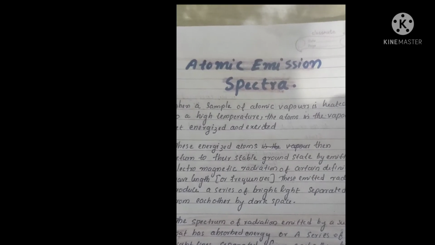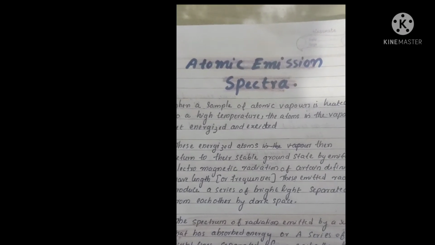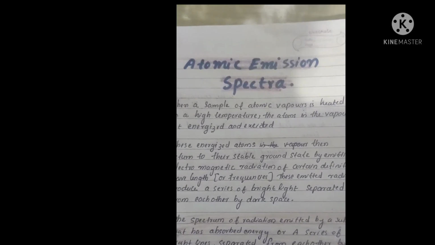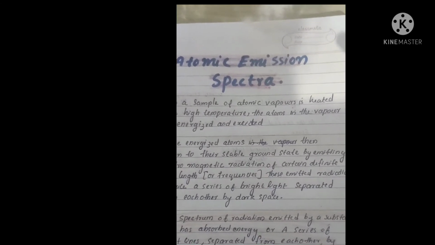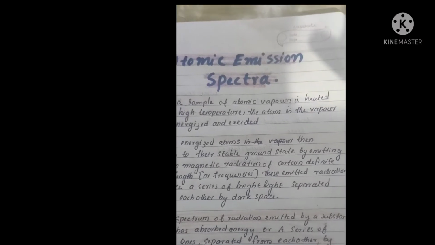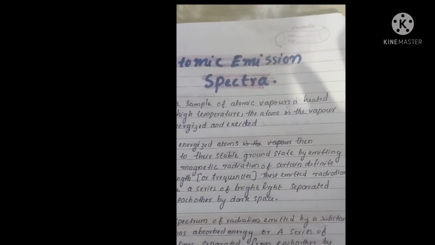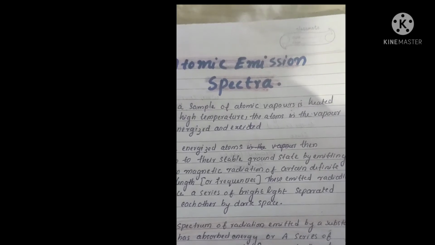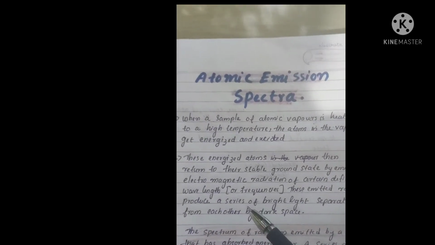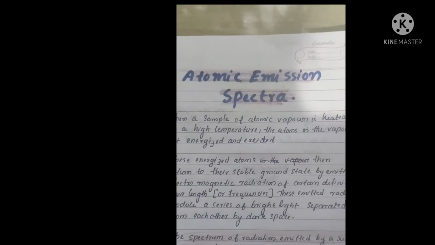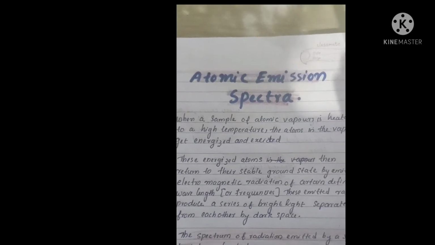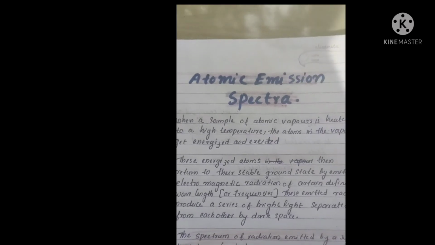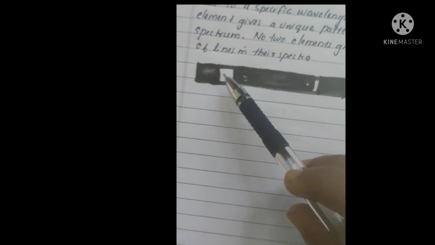We have studied that the higher energy state is less stable. Then, in order to attain stability, it returns to the lower energy state by the emission of radiation. These emitted radiations produce a series of bright lines separated from each other by dark space. This is shown in this picture.